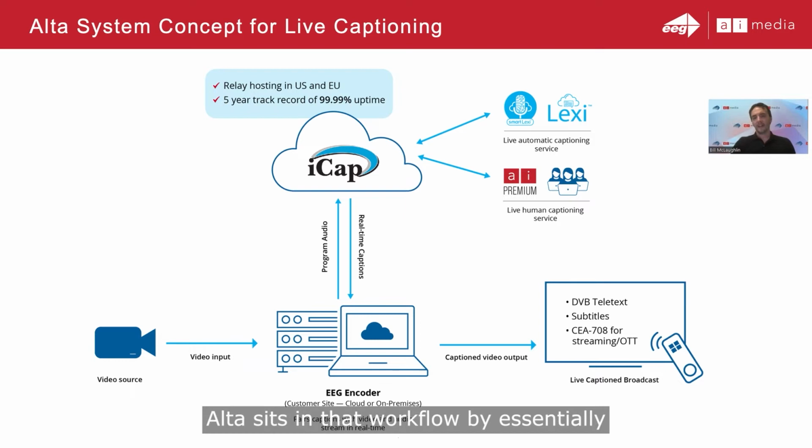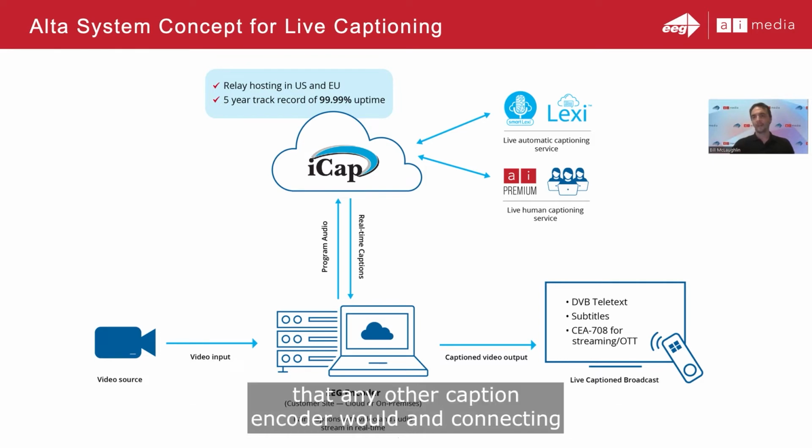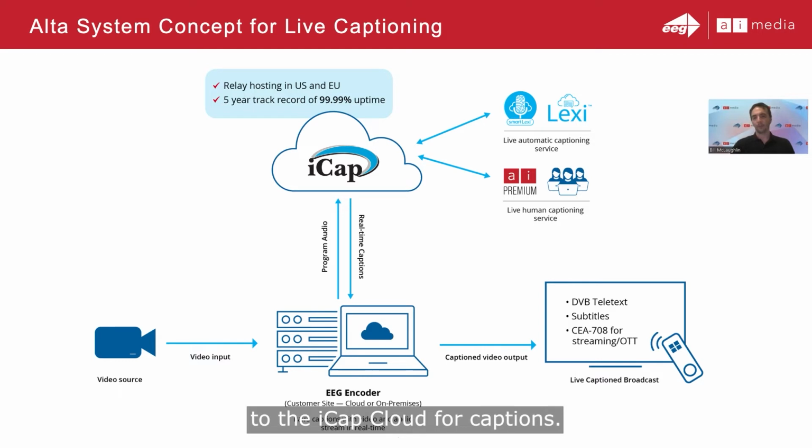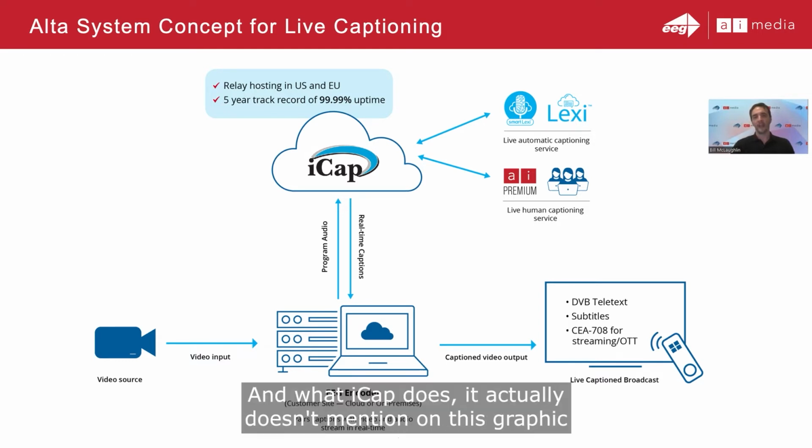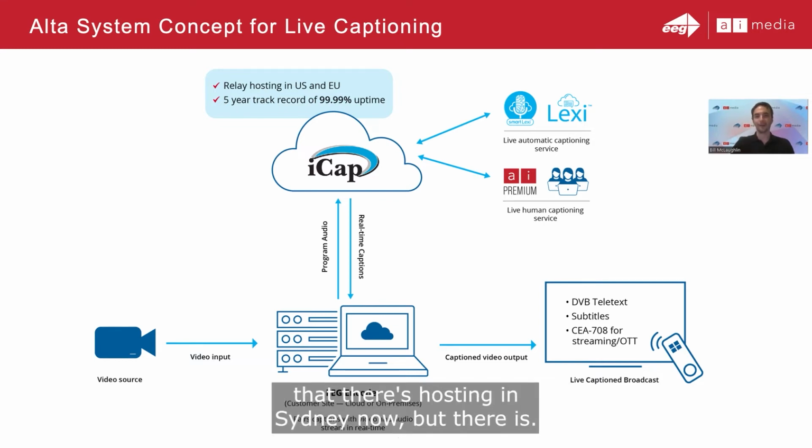Alta sits in that workflow by essentially taking a video in and out in the same way that any other captioning encoder would, and connecting to the ICAP cloud for captions. And what ICAP does, it actually doesn't mention on this graphic that there's hosting in Sydney now, but there is.